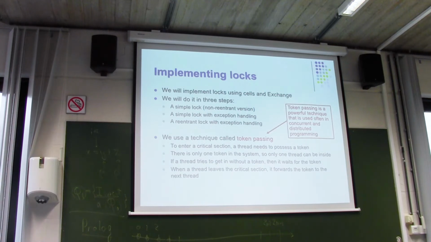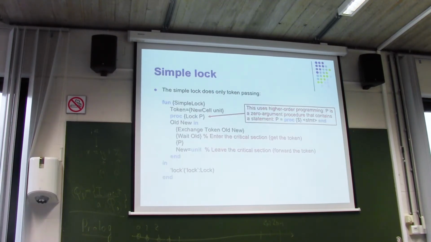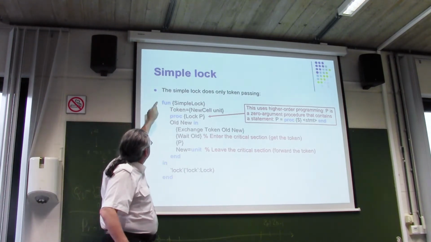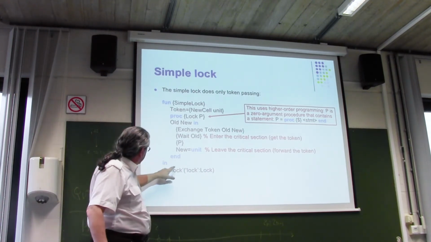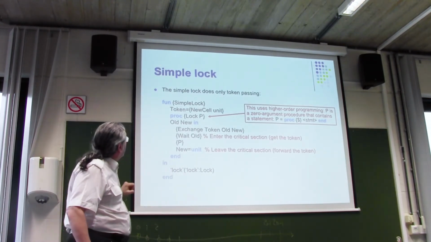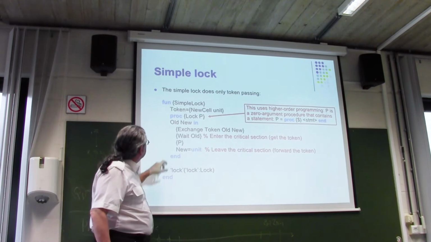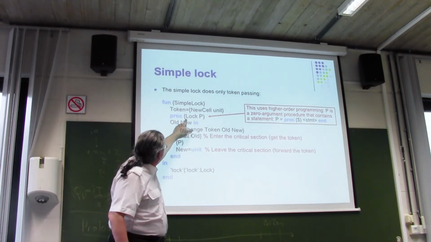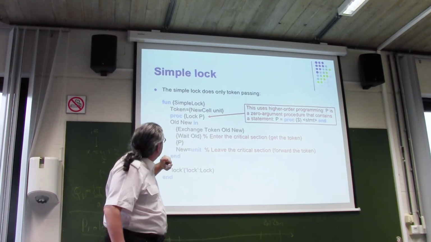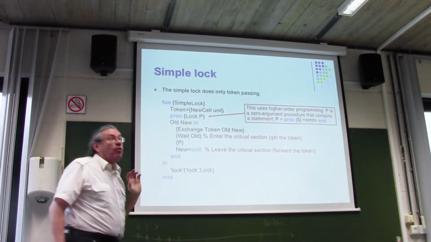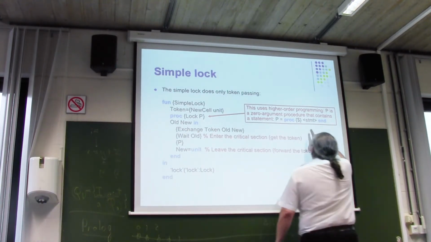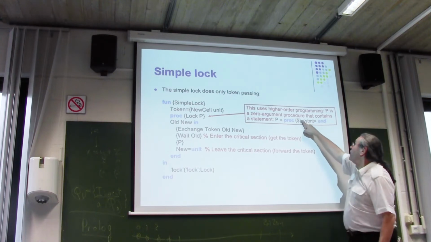So now let me show you the code for how this works. This is a simple lock. When I call the function SimpleLock, it will return a simple lock, and it basically returns a procedure Lock. It's using higher order here, because I want to protect any statement. I want to lock this statement.